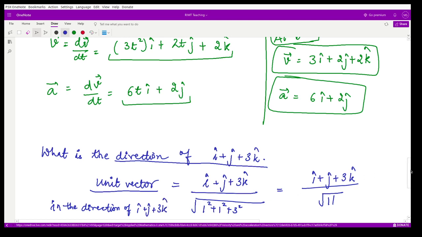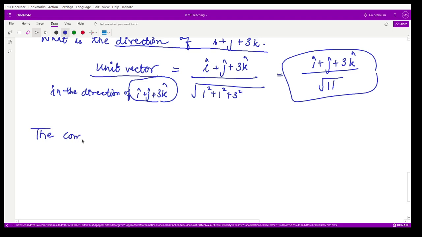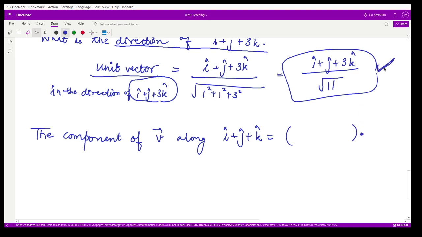Now we are to determine the components of velocity in this particular direction, right? So we will say the component of velocity along the direction I cap plus j cap plus 3k cap is going to be the velocity vector dot product with the unit vector in the direction of this vector. So that is I cap plus j cap plus 3k cap divided by square root 11.